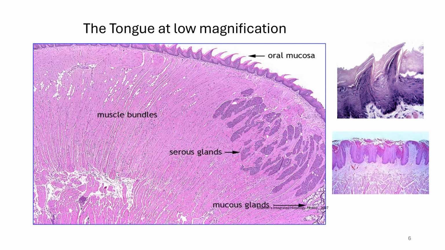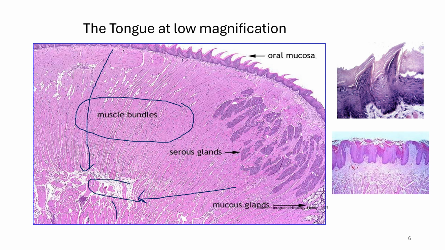You can tell already that the majority of this slide consists of our muscle fibers, all the way down into this region right here. Okay, so that's all muscle. You may find a few pockets of adipose tissue deposits, which is just a little bit of fat here and there, and that's completely normal.